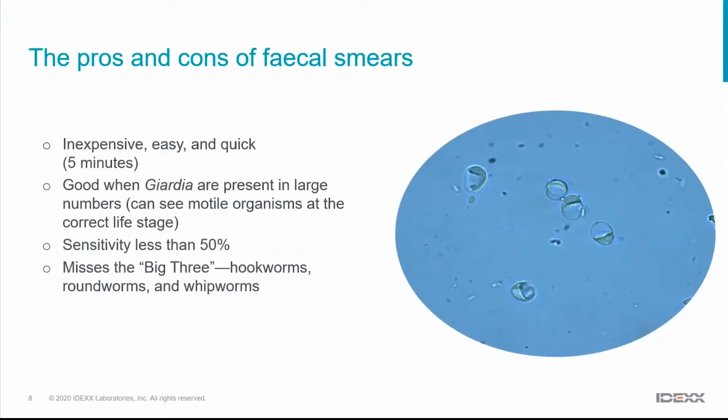Probably the best thing, it's most useful for looking for giardia, and we're looking for the motile trophozoites with that. So if you see them moving around, we know that we've got giardia there. It's less useful for our more common intestinal worms, so hookworms, roundworms, whipworms. This is not the way to try and detect those.